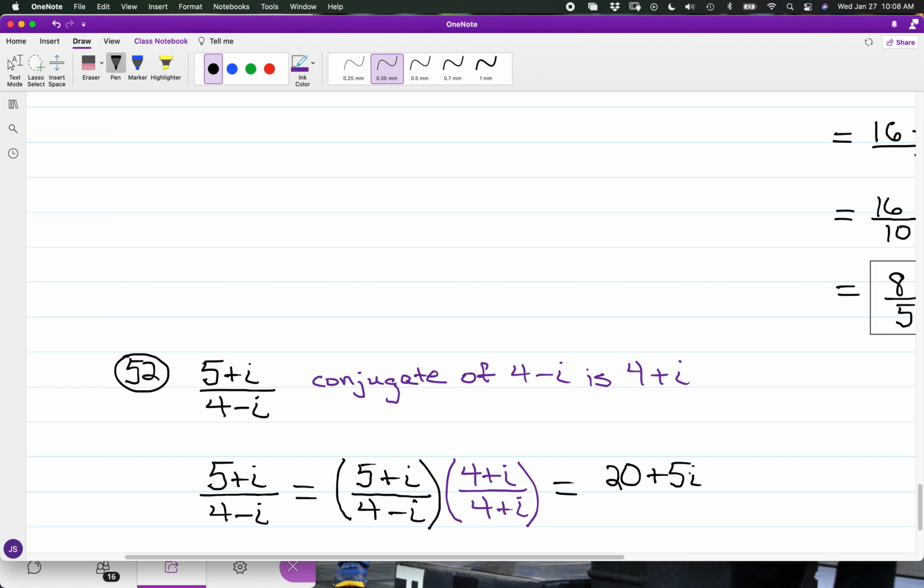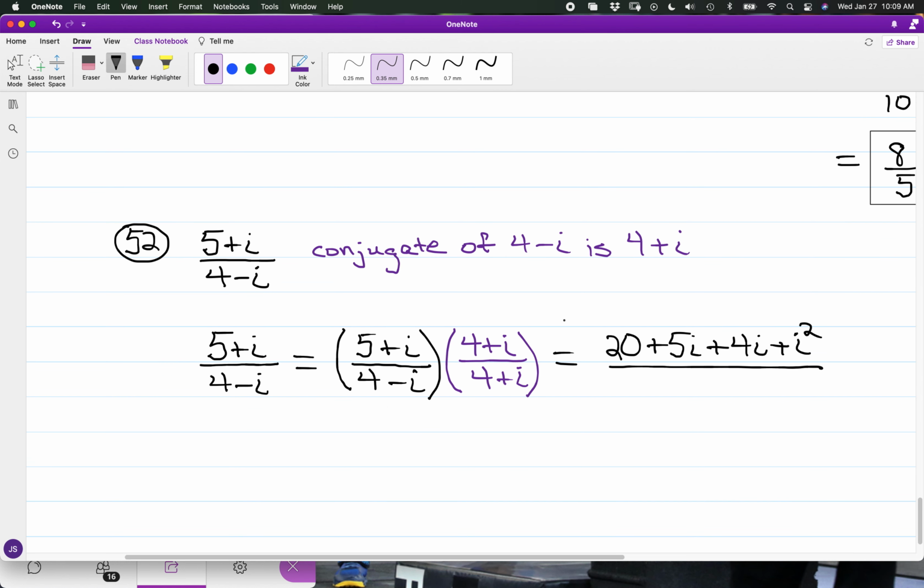Inside part, you have 4 times i. Last product right now we have i squared, which is going to change over to minus 1. And for the denominator, you're just going to have one number to abound, so you got 16. Outside, inside products cancel with positive, negative 4i. Then we have minus i squared.